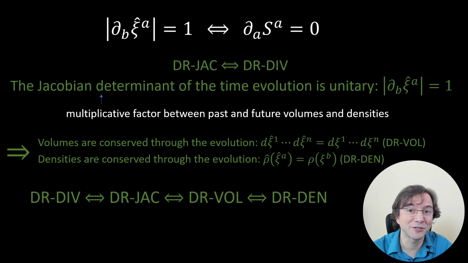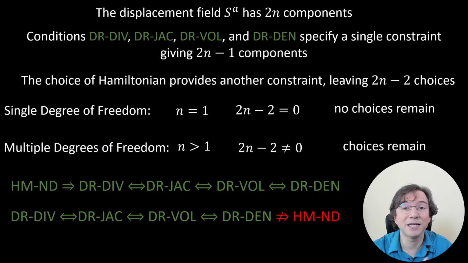If the volume doesn't change, the density does not change. So all these four conditions are equivalent to each other, because if we impose one, we essentially impose all the others. Now the question is, are these conditions equivalent to Hamilton's equation? We saw that Hamilton's equation implies these conditions, but is the reverse true?